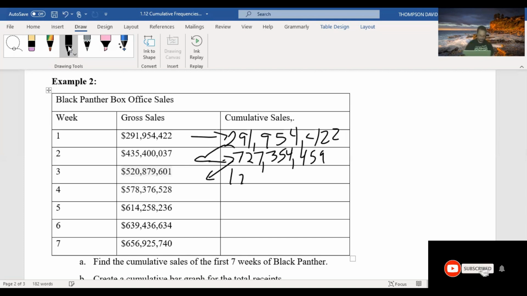Let's write out the numbers. So 1,248,234,060. Keep following this procedure, just adding in the 578 million.